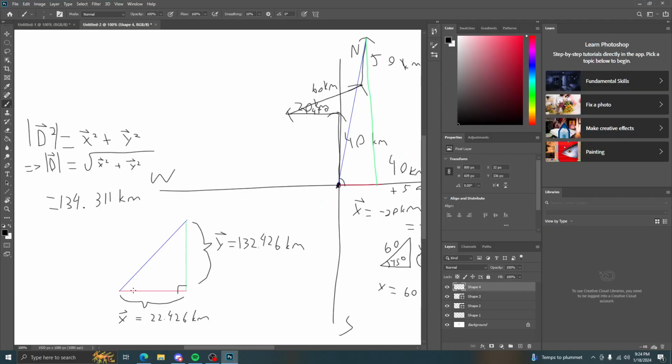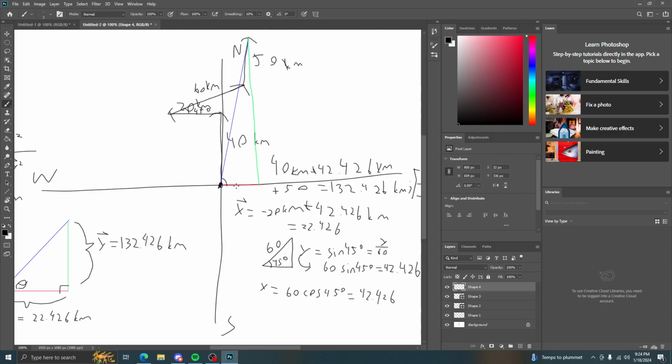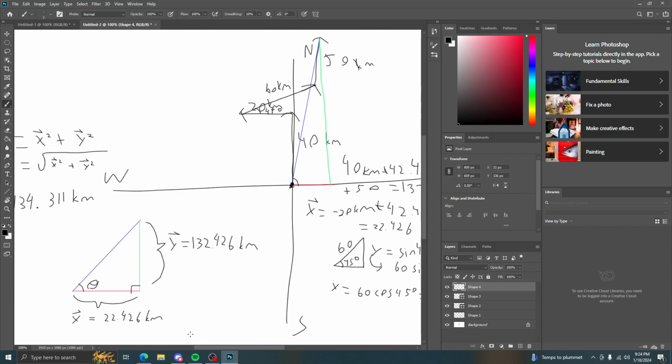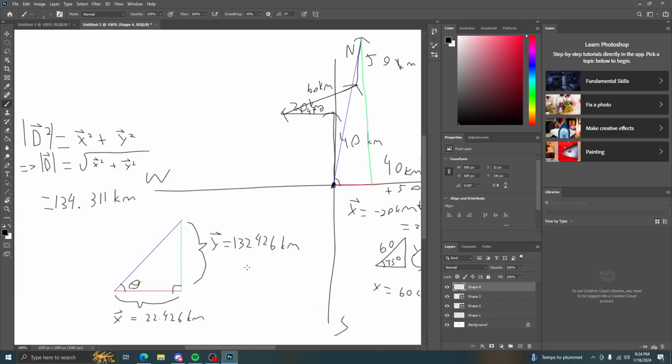And then to get the direction, which is this angle right here, or this angle if you're looking at the original model we drew, these two are the same angle. You use tangent.